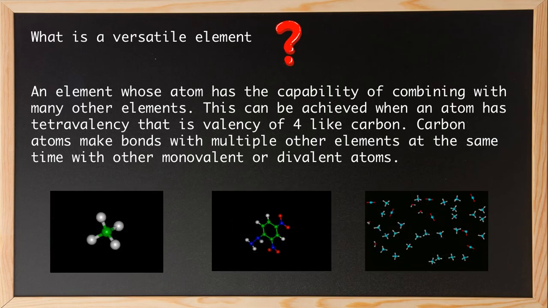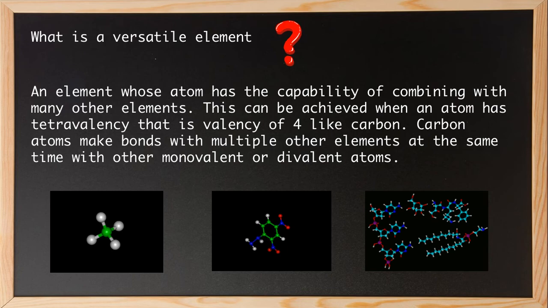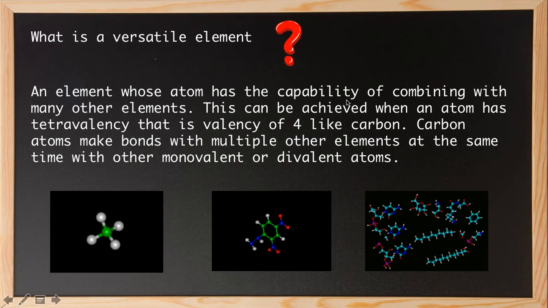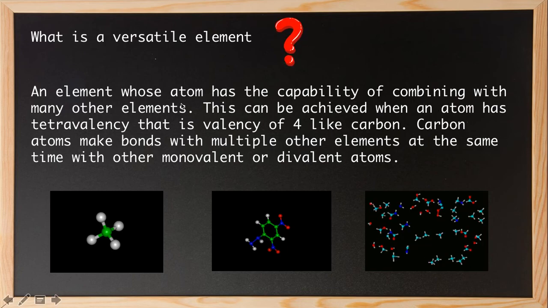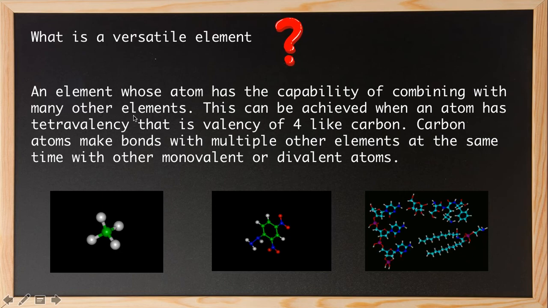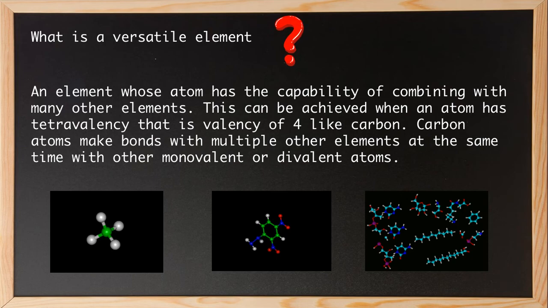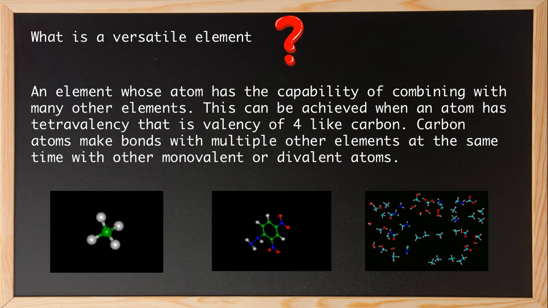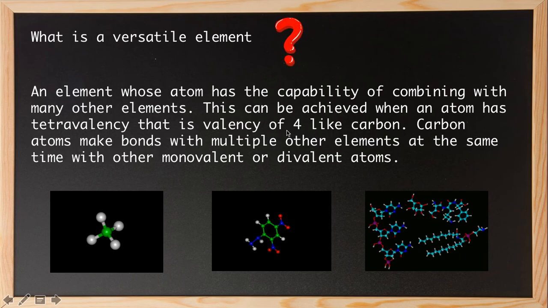Now, I say carbon is a versatile element because carbon has the capability of combining with many other elements like oxygen, sulfur, nitrogen, hydrogen, etc., because carbon has a quality called tetravalency, that is, valency of 4.